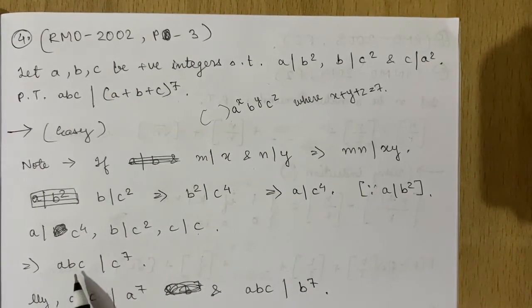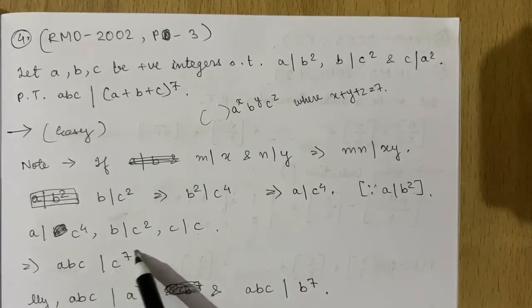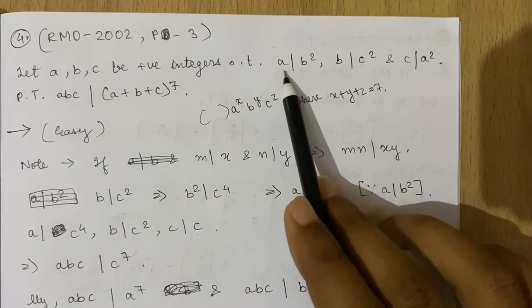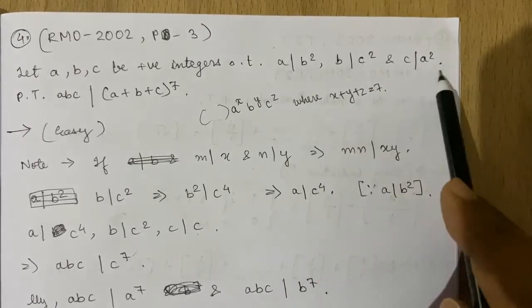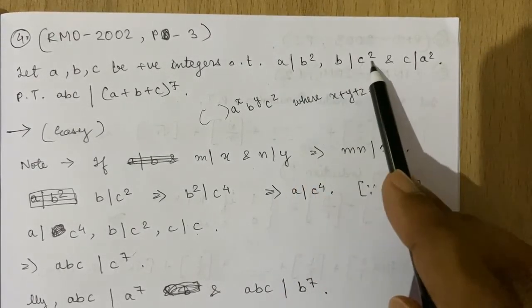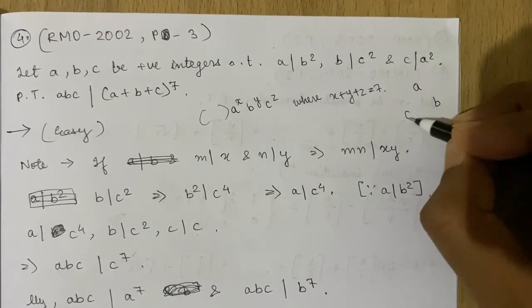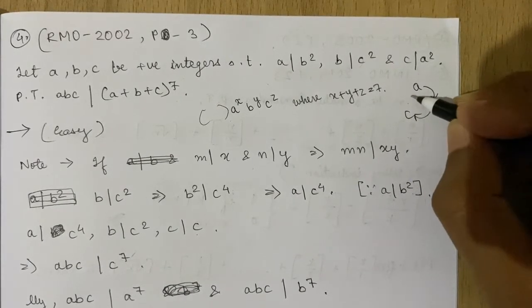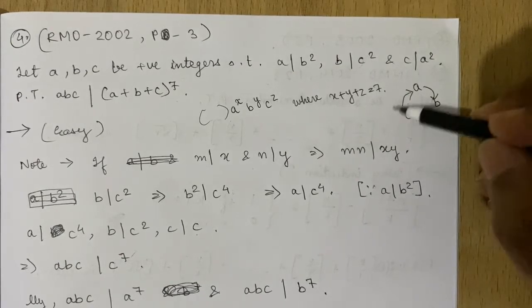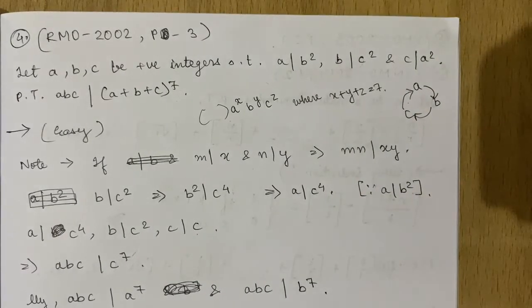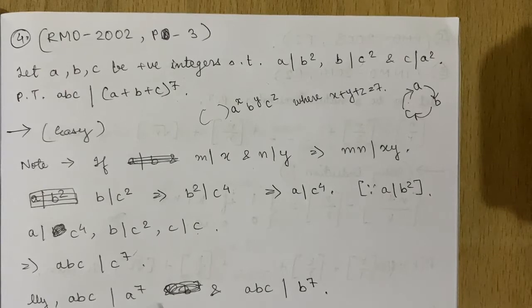Similarly, there was nothing unique about c, we just chose it, but these conditions are symmetric. a divides b^2, b divides c^2, c divides a^2. This is in a cycle a, b and c. So by symmetry we can say that abc divides a^7 and abc divides b^7.